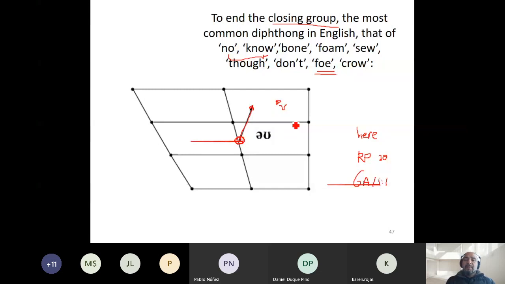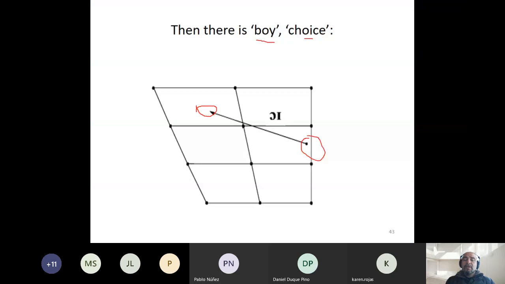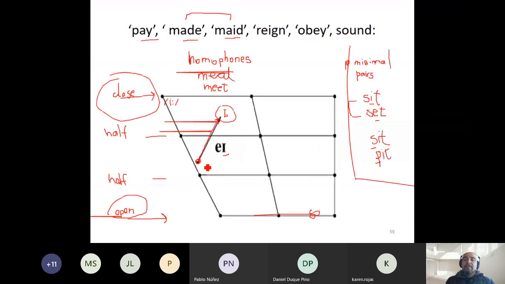Remember, in the closing diphthongs, the final sound could be I, or it could be U. In these diphthongs, this next sound is upwards. So you glide from one which is in a mid area or at the bottom of the oral cavity, and the gliding is upwards to a closing area.